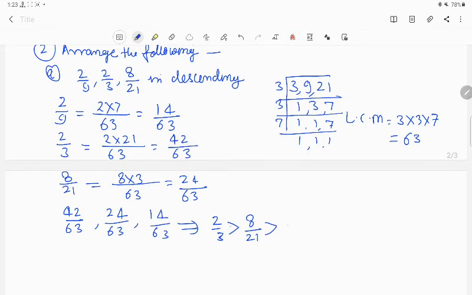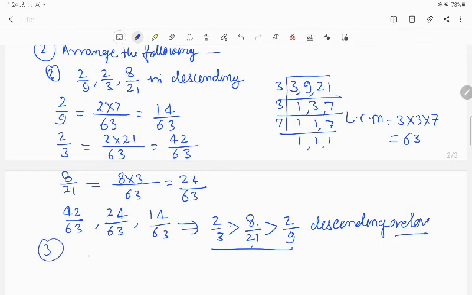After that you write 2 by 9. 2 by 9 is the smallest. 2 by 3 is the greatest, and 8 by 21 is smaller than 2 by 3 and greater than 2 by 9, and 2 by 9 is the smallest. That is written in descending order. This way I think you can complete the remaining question. And third I will tell.